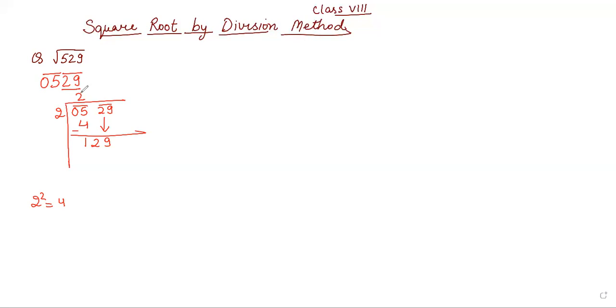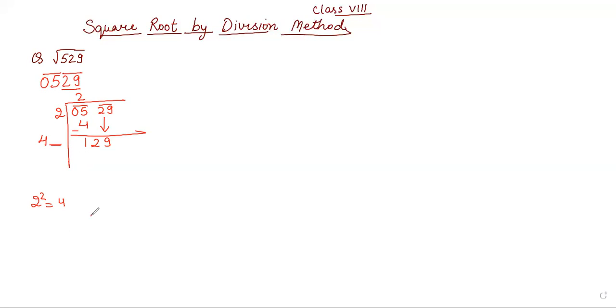Now double the divisor. Divisor is 2, so double of 2 is 4, and enter it within the blank on its right. 2 into 2 is 4, so write 4 here. Now guess the largest possible digit to fill this blank, which will also become the new digit to the quotient, such that when the new divisor is multiplied to the new quotient, the product is less than or equals to the dividend.